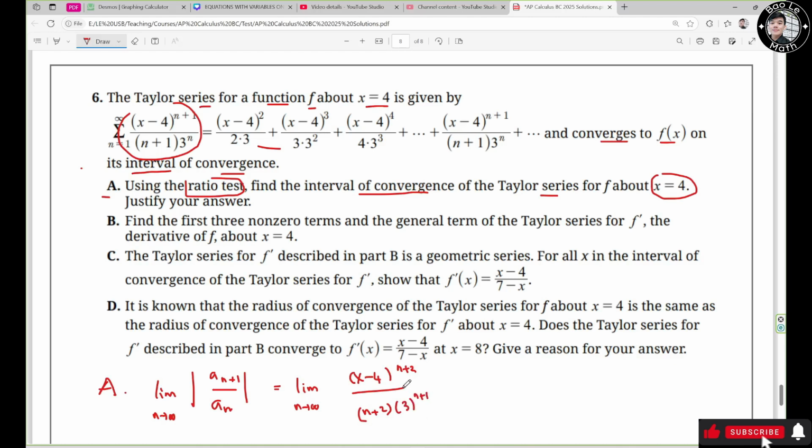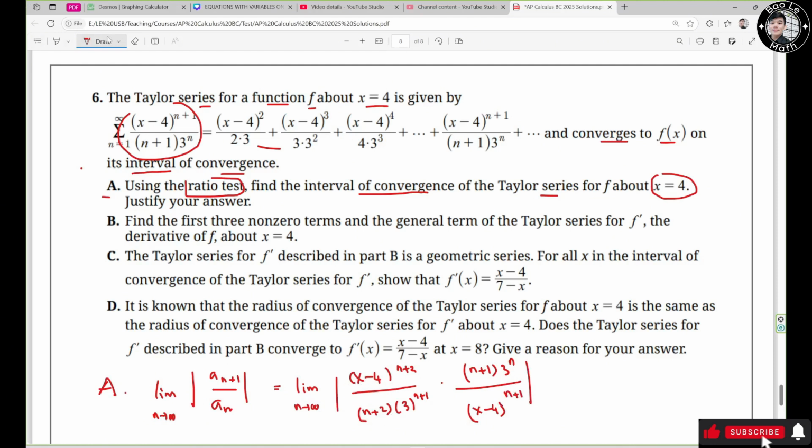Now divide by a sub n, which means you multiply by its reciprocal. So it could be (n plus 1) times 3 to the n over (s minus 4) raised to the n plus 1.